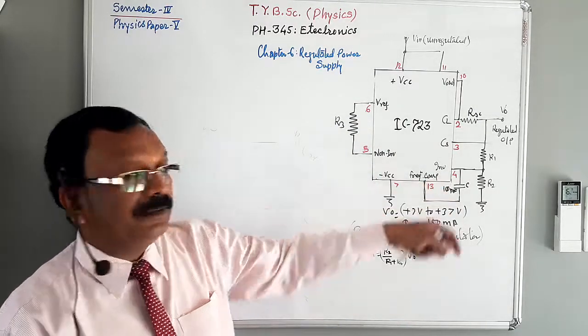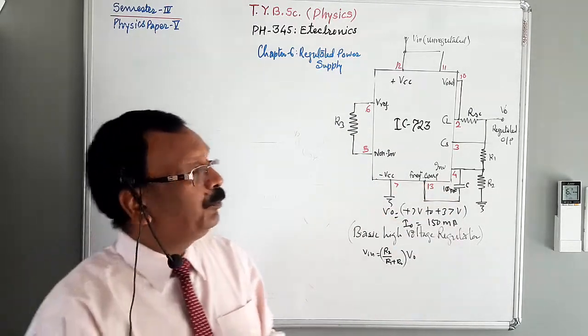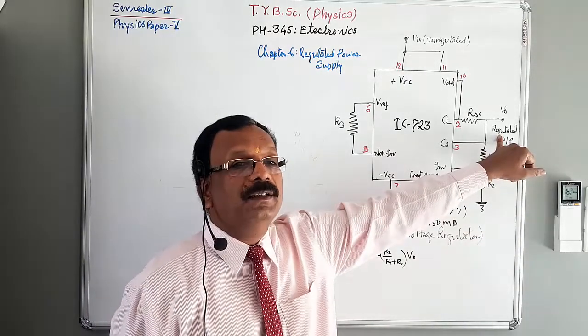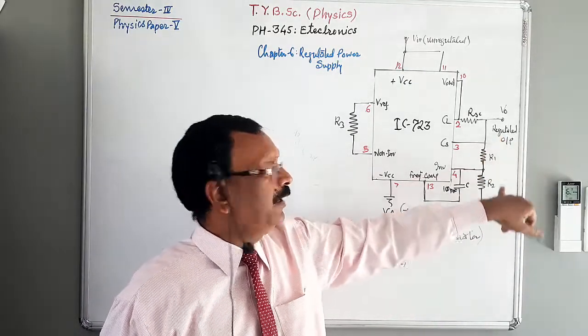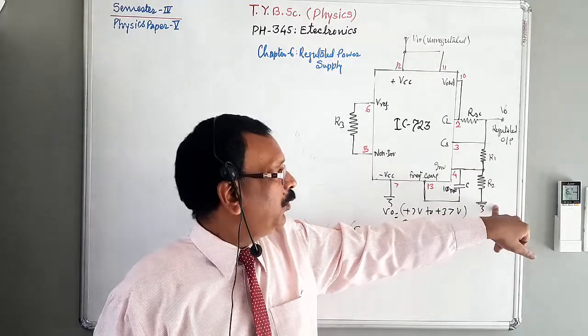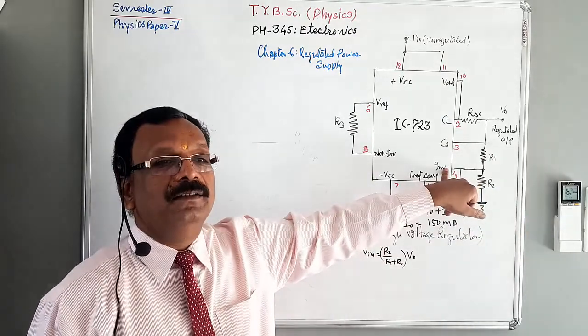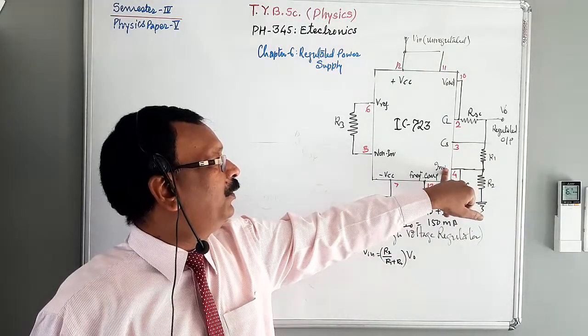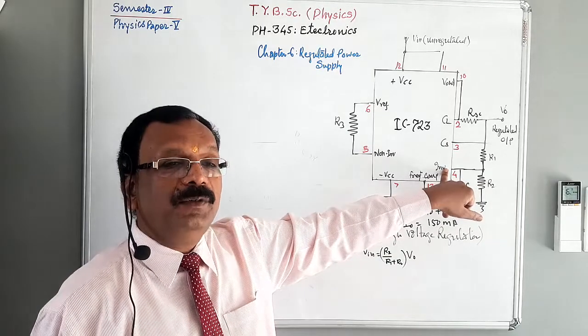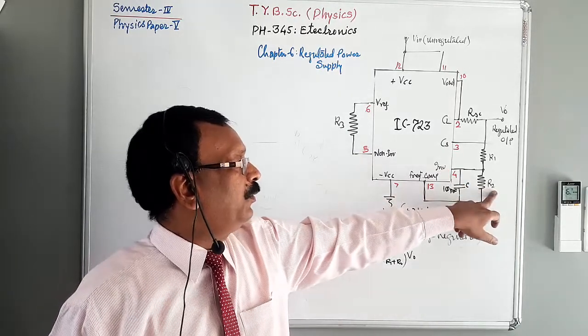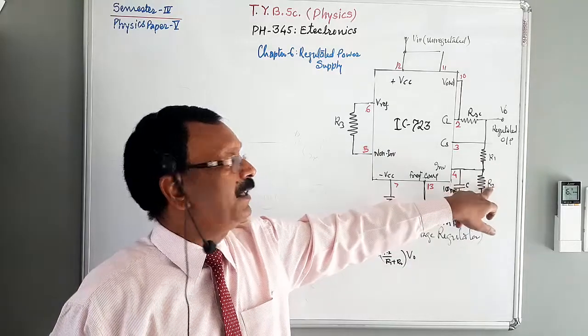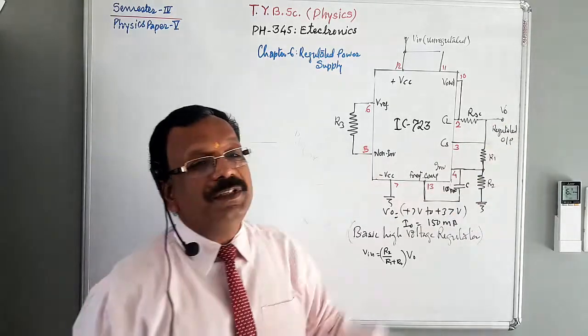That is, the regulated output voltage is divided by R1 and R2, so the voltage at the inverting terminal is equal to R2 upon R1 plus R2 into V0.